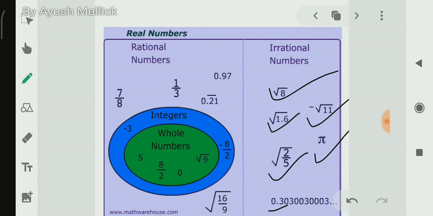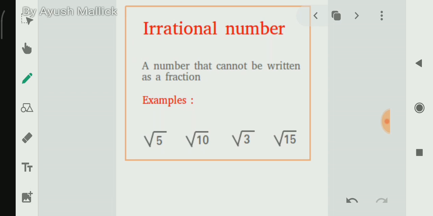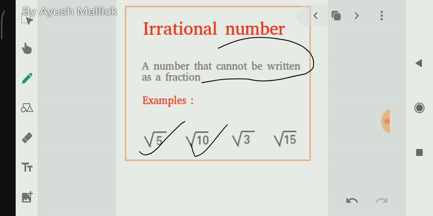All the surds, as I discussed in the previous video, like root 2 or root 3, are always irrational. Irrational numbers are numbers that cannot be written as a fraction, like root 5, root 10, root 3, root 15, like that.